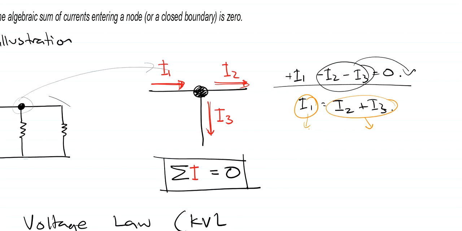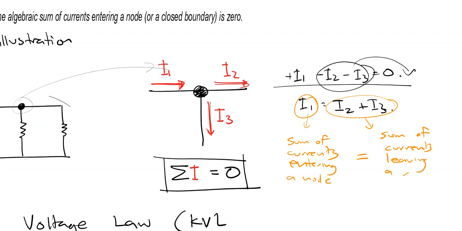So meaning that the sum of currents entering a node is equal to the sum of currents leaving a node. So this is an equivalent expression for this Kirchhoff's current law, right?